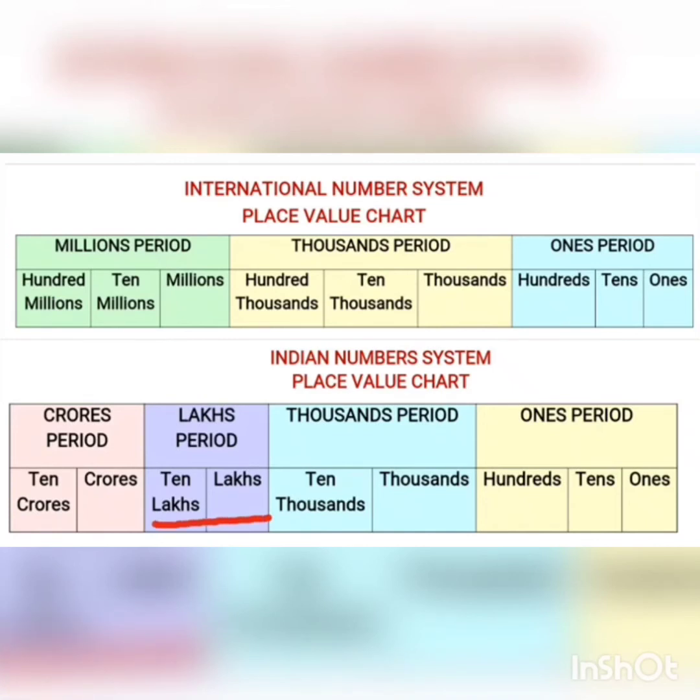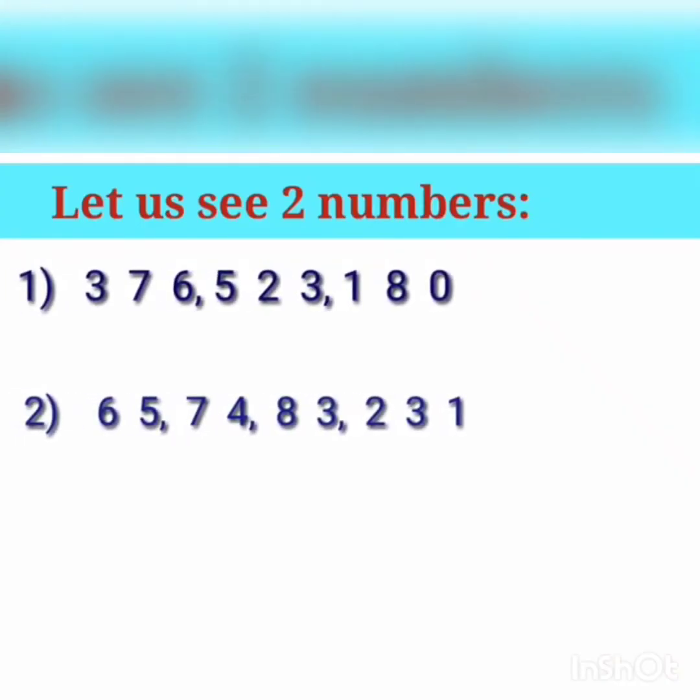They are lakhs place and 10 lakhs place. Next period in Indian number system is crores period. It also has 2 places. They are crores place and 10 crores place. These are the main differences in both number systems.